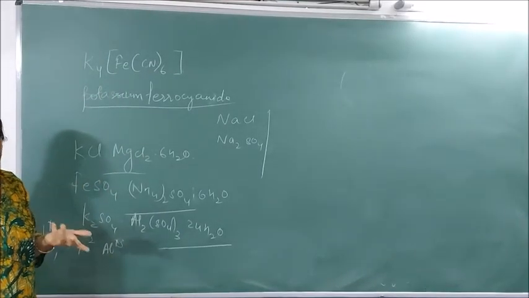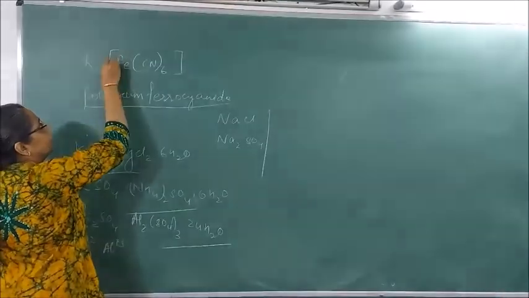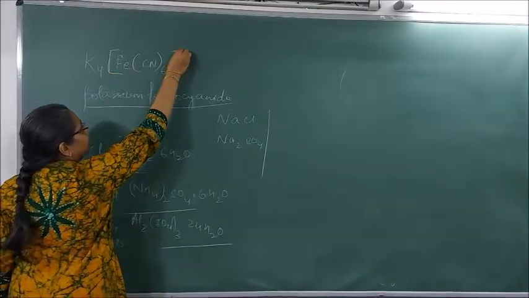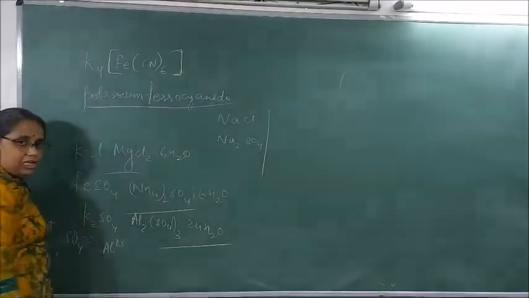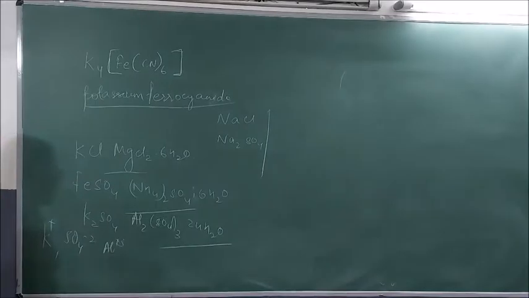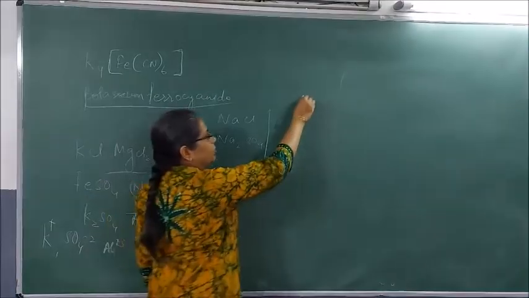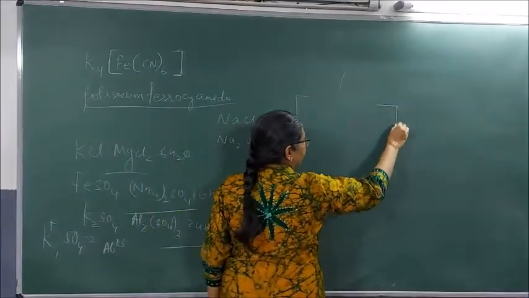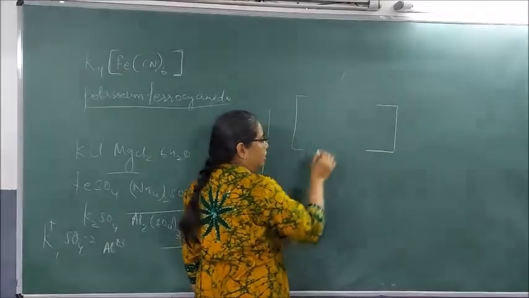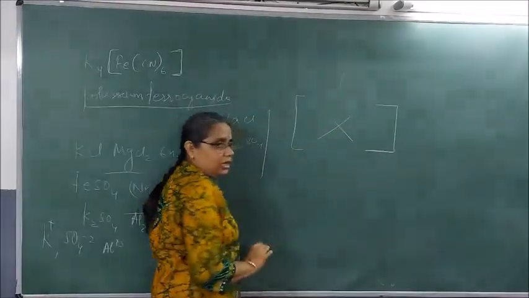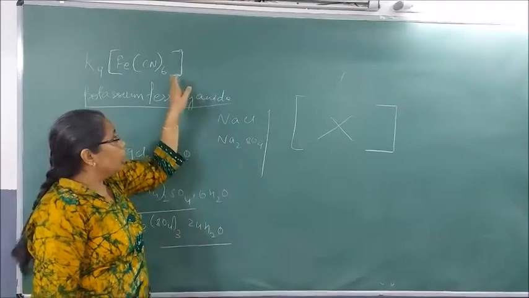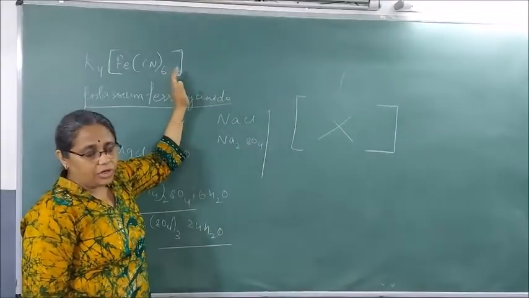in my solution, as anything which is written within this square bracket does not ionize. It is called as what entity? Coordination entity. And anything which you write within this square bracket is called as the coordination sphere, and it does not ionize. So this is what kind of a salt?